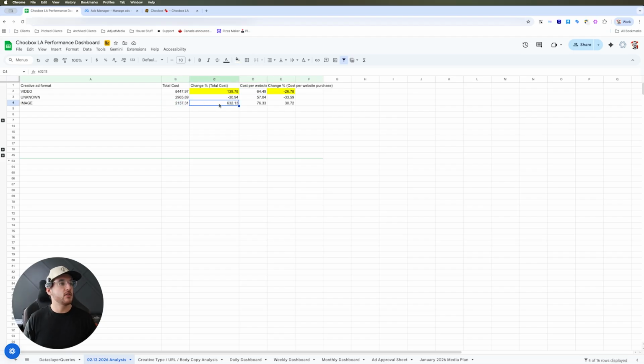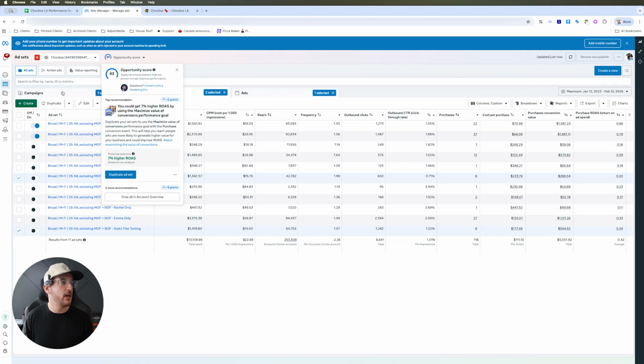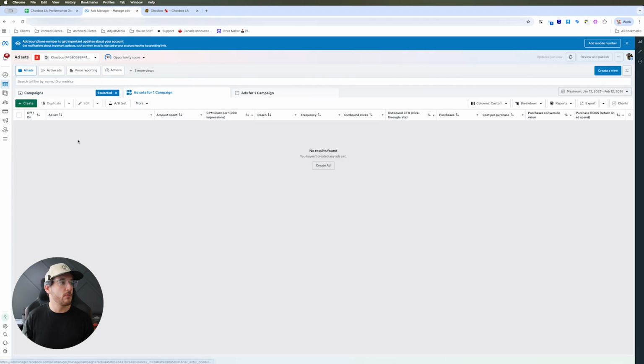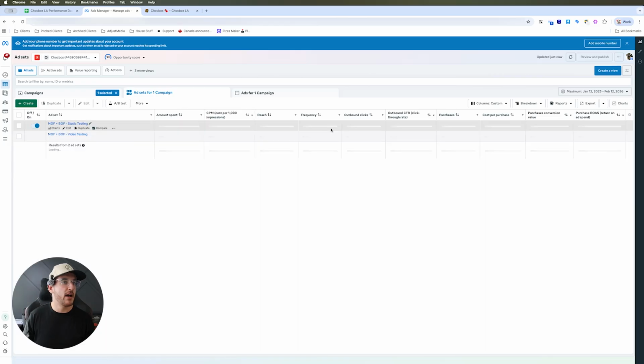Image ads now see a 600% increase in spend because we weren't spending on image ads before, but that's coming in at roughly $76 CPA versus $65 on video. And then unknown, this is the flexible ads. This actually just represents our remarketing campaign, which our evergreen remarketing is still set up in the flexible format, even though it is static.